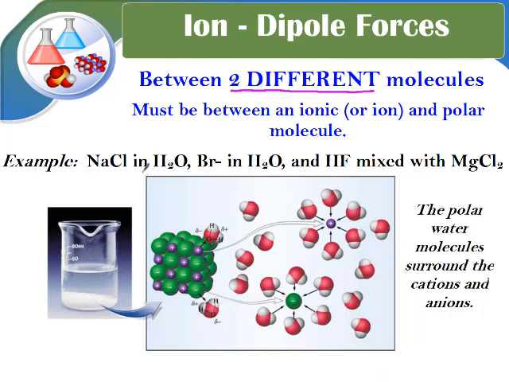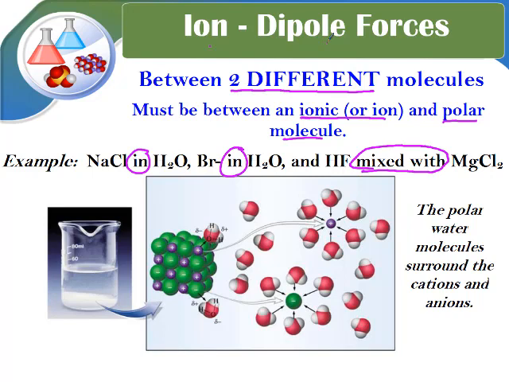What that means is it's going to say sodium chloride in H2O, bromide ions in H2O, HF mixed with magnesium chloride, sodium chloride and H2O. It's got to say 2 different molecules. One's going to be ionic and the other one's going to be polar. Ion, ionic, dipole, polar, so ionic, polar forces.